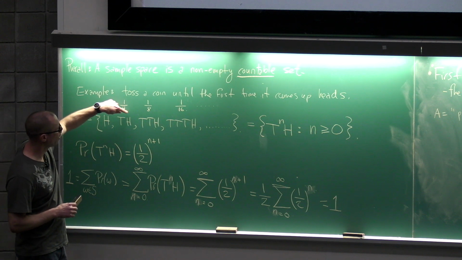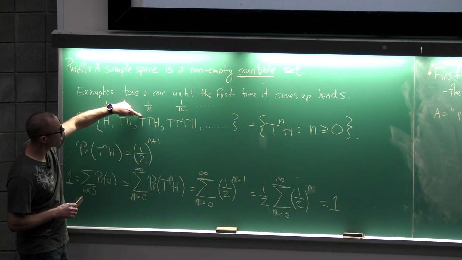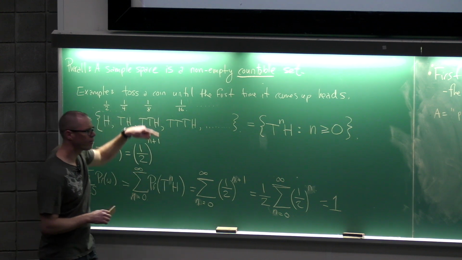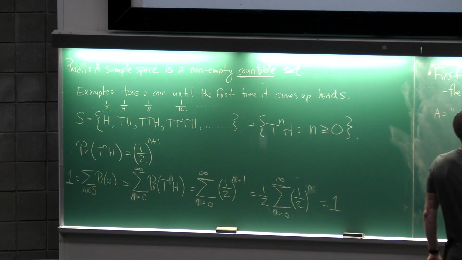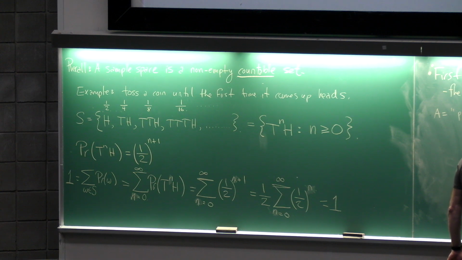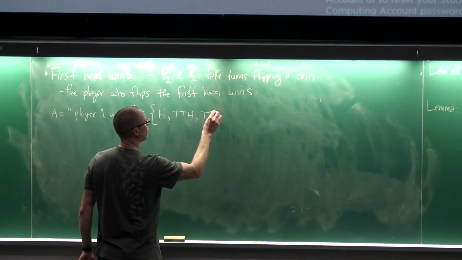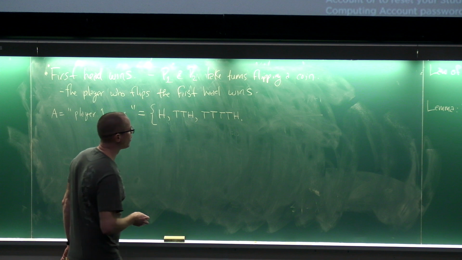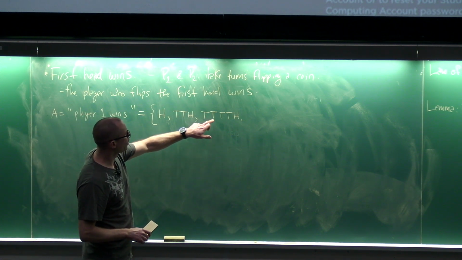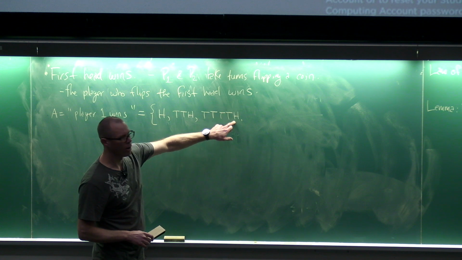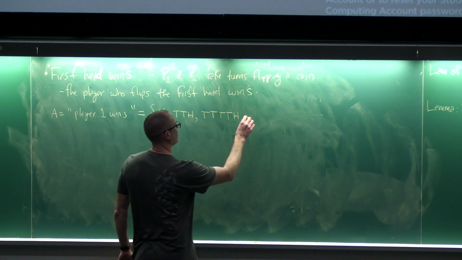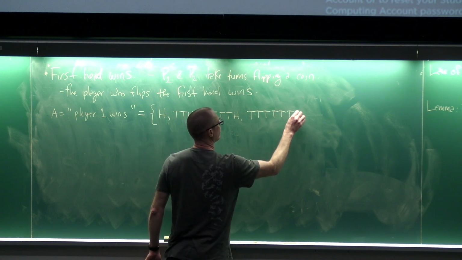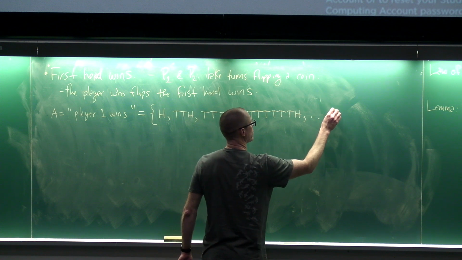So this one is not in there, but this is: player 1 tosses tails, player 2 tosses tails, player 1 tosses heads and wins. And then we can check that we have that outcome: player 1, player 2, player 1, player 2, player 1 wins. And the next one is 6 tails in a row, and so on.